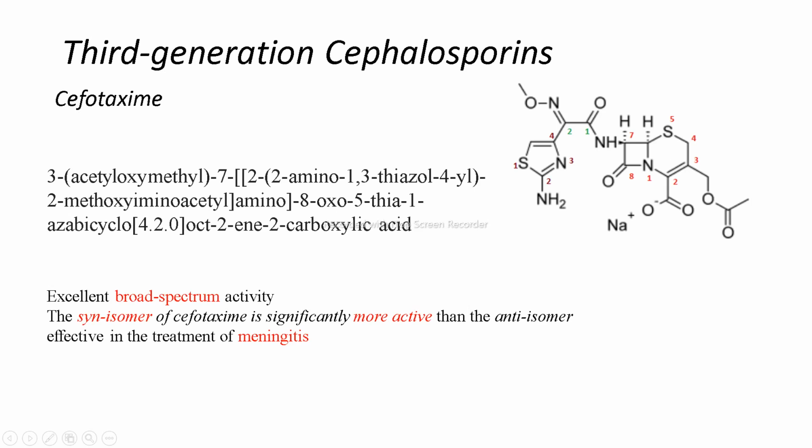So remember one thing always: whatever atoms are fused in any aromatic or non-aromatic ring, you have to give the lowest priority to those fused atoms. The first position is given to the sulfur and the third position to the nitrogen if we count from this side. So the numbering starts from the sulfur: 1, 2, 3, 4, right?